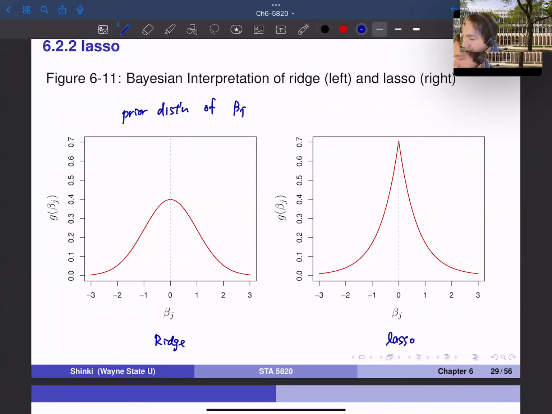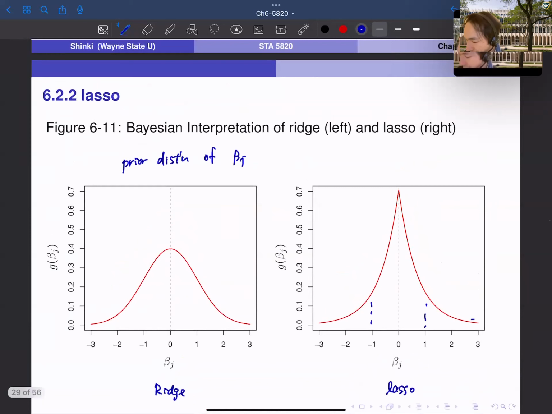In lasso regression, we assume beta j is likely to be very close to 0 most of the time, but with some heavier tail. In this sense, maybe ridge is more natural, because we assume beta j follows a normal distribution, and lasso assumes beta j follows this distribution.